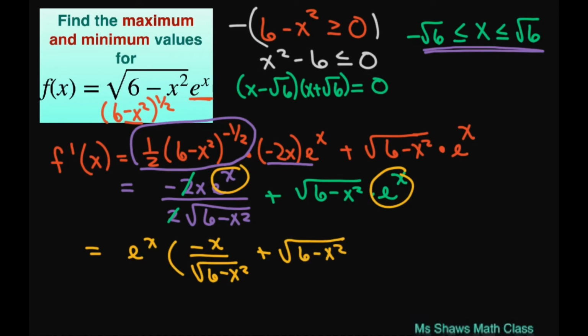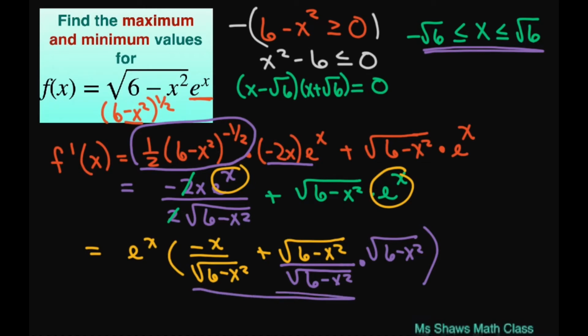plus square root of 6 minus x squared. Now, what I want to do is get the common denominator for this, so it's going to make it easier to solve for x. If we get the common denominator, I'm going to divide by square root of 6 minus x squared, and then I also have to multiply the numerator by square root of 6 minus x squared. And this is going to give you your common denominator here.